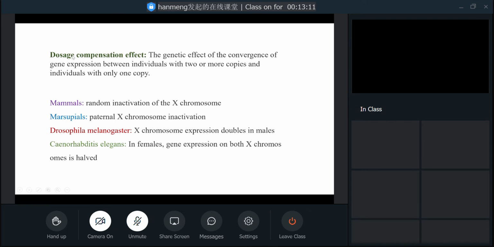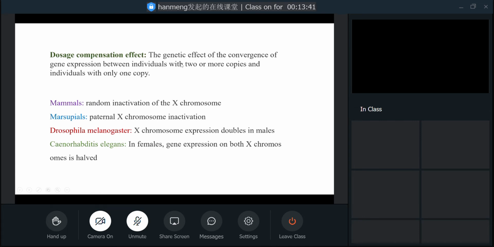Next we will learn the dosage compensation effect. It is a genetic effect of the convergence of gene expression between individuals with two or more copies and individuals with only one copy. In humans and in mammals, the dosage compensation effect is a random inactivation of the X chromosome.